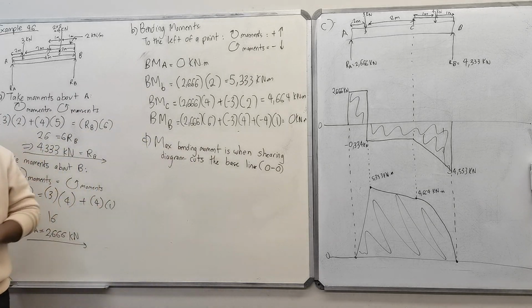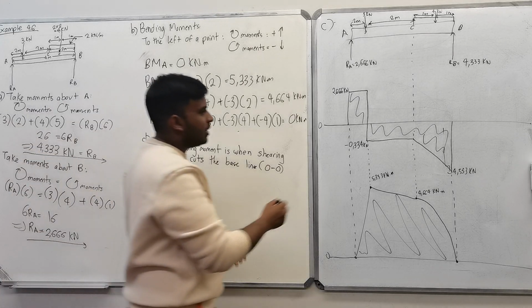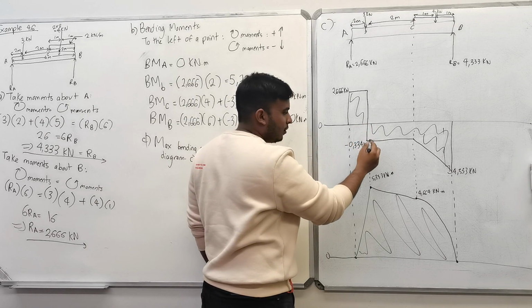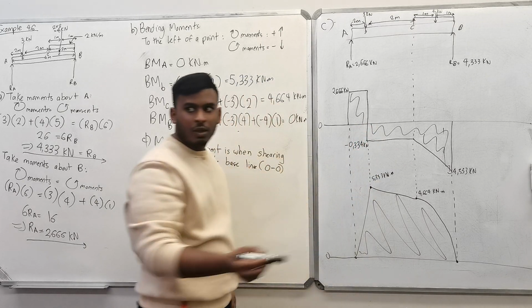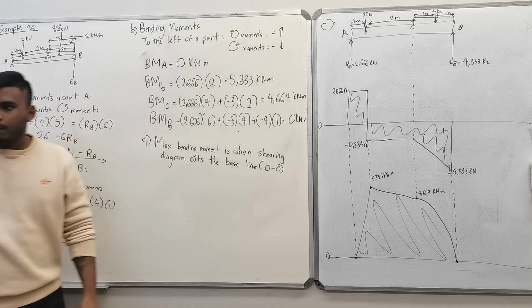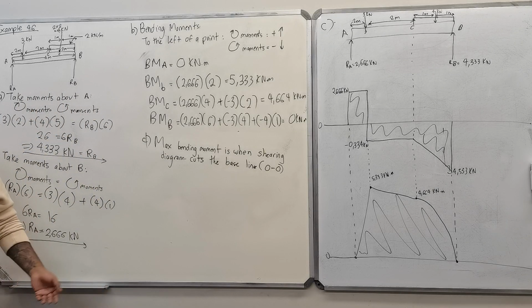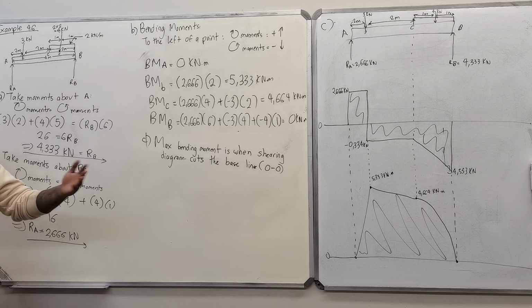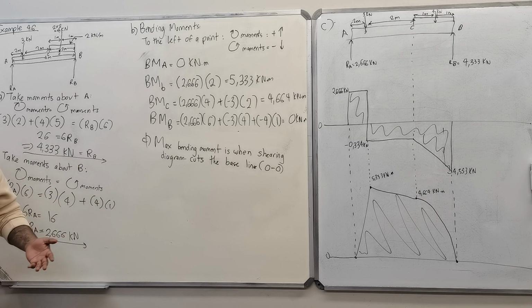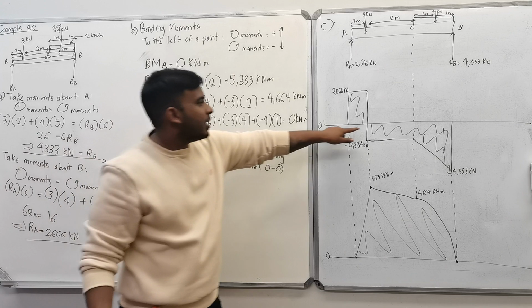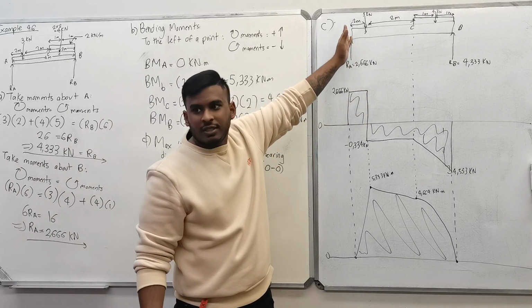That's when you would obtain it, because look at it, where it cuts it here, if you keep on going down, you get your maximum bending moment. So you can either read it off the graph, or where it cuts it here, remember there's a certain distance up there.